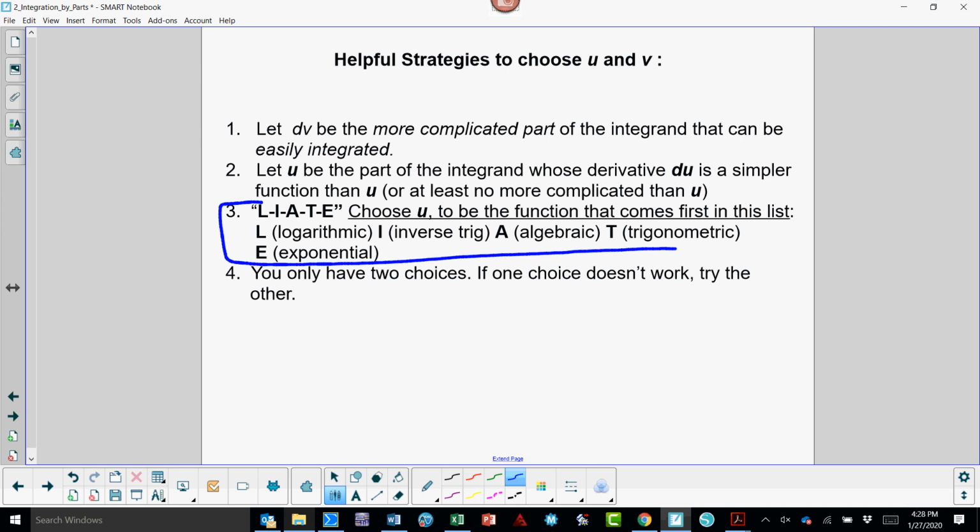It's just like u substitution. Most of the time we try this. So you use LIATE, or however you want to remember it. The first thing I choose for u out of this list would be a logarithmic. Then I would choose an inverse trig function, an algebraic, trigonometric, and the last thing I would ever choose is exponential to be the u.